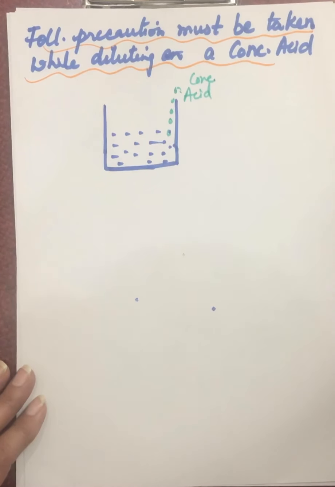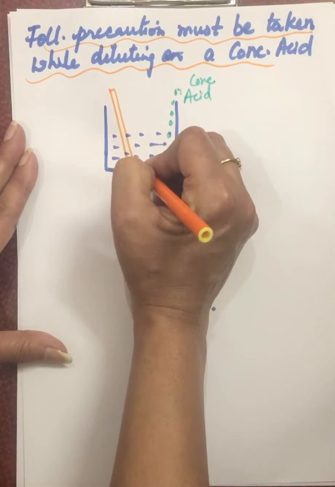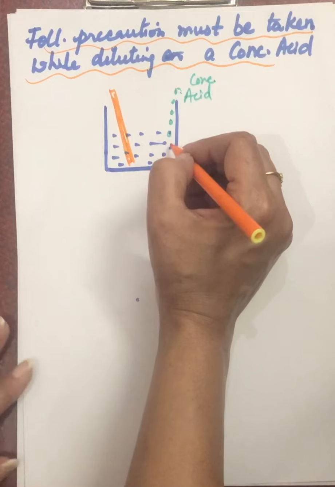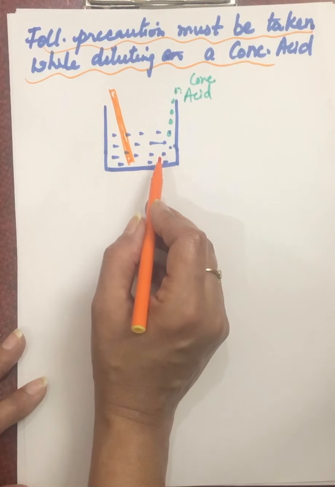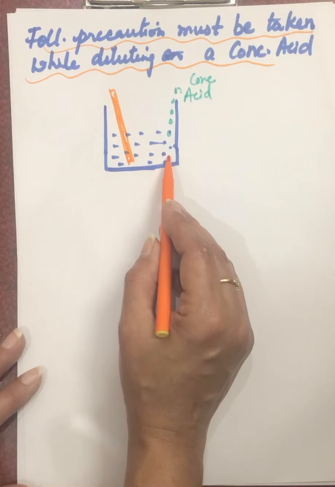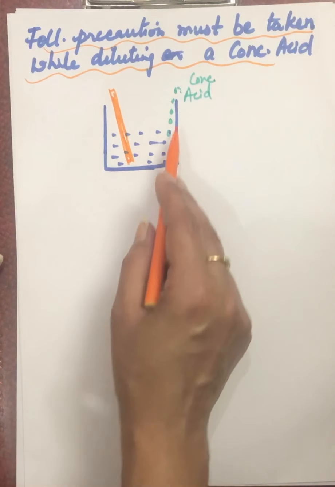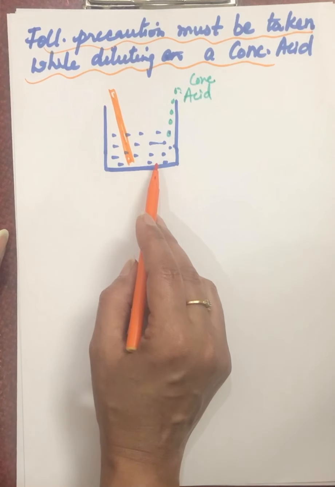And side by side we have to stir this solution also with a glass rod. Slowly and slowly we add this acid and we are stirring the solution also. Like this, since this process is highly exothermic, lot of heat is evolved. So when we are doing this process slowly, then that heat evolved is absorbed by this large amount of water.